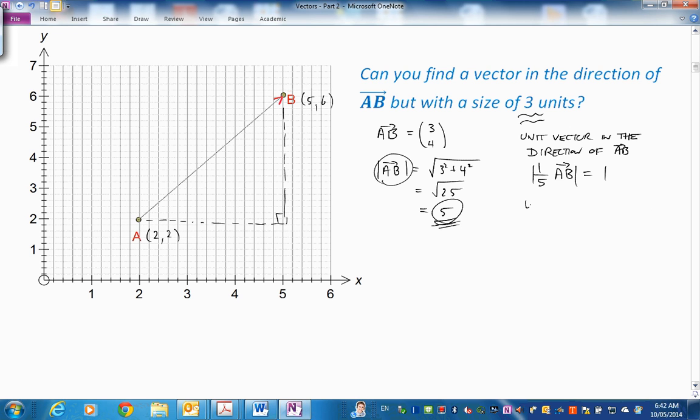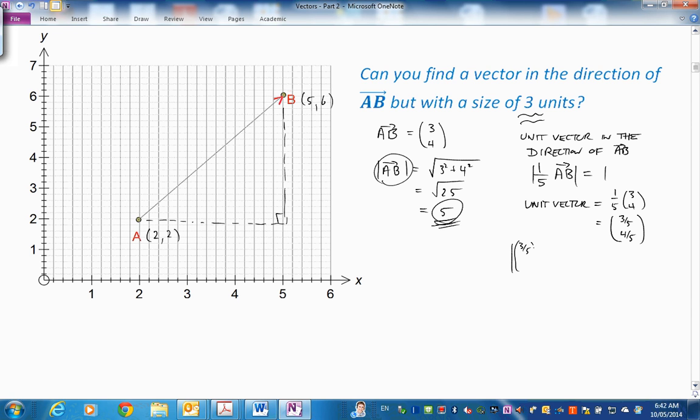So the unit vector we're looking for in the direction of AB will be equal to a fifth of (3, 4), which is (3/5, 4/5). Let's check out the length of that now and make sure it works.